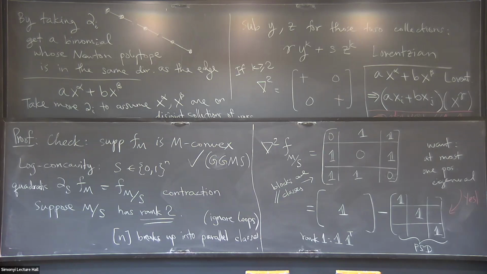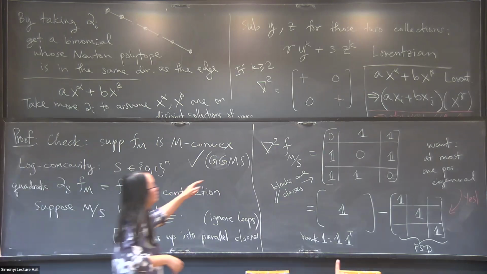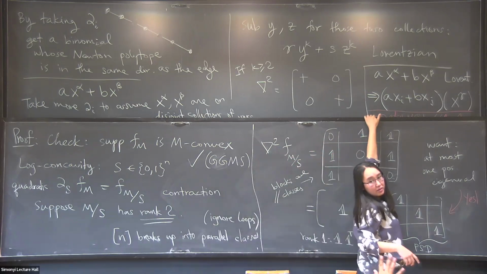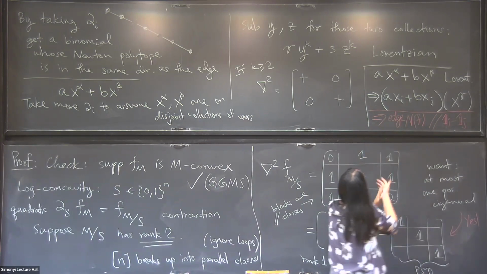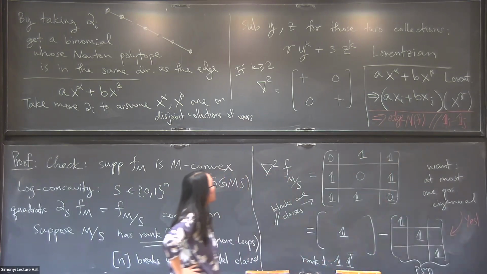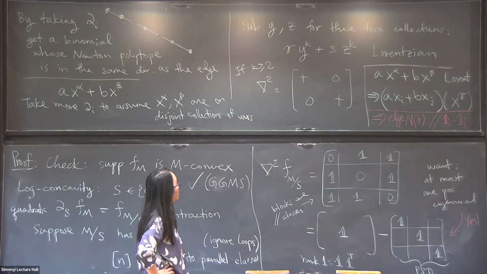Could you maybe explain again why this analysis in the top board gives that we have no holes? Okay, why we have no holes?